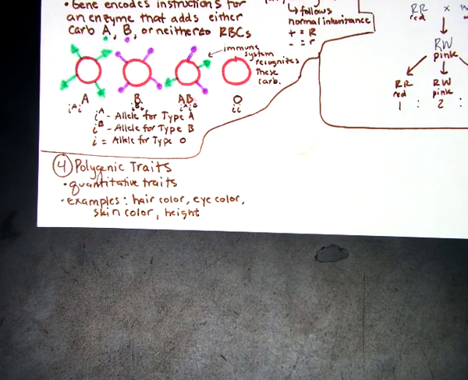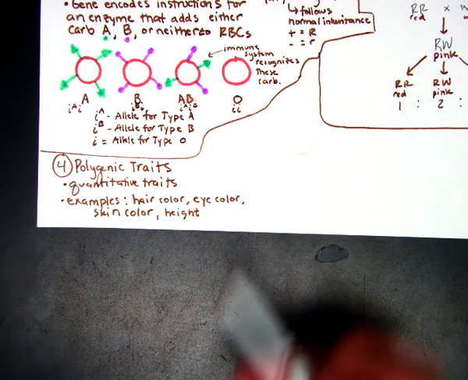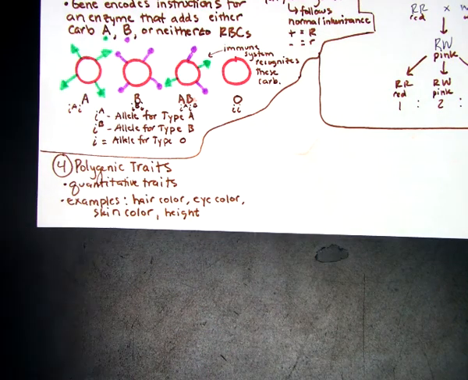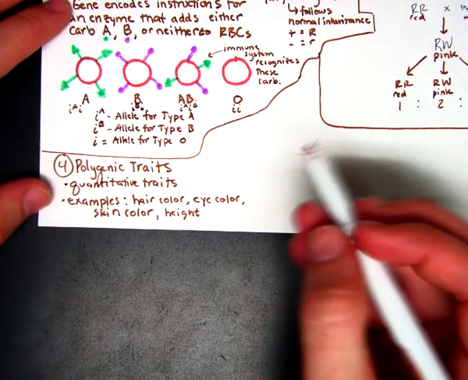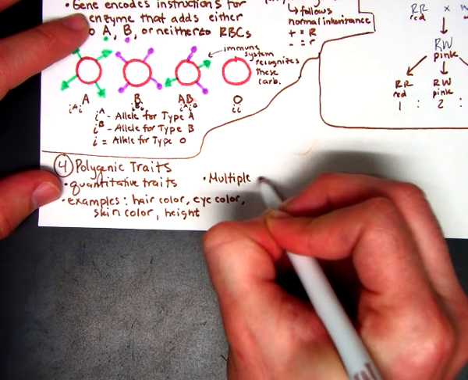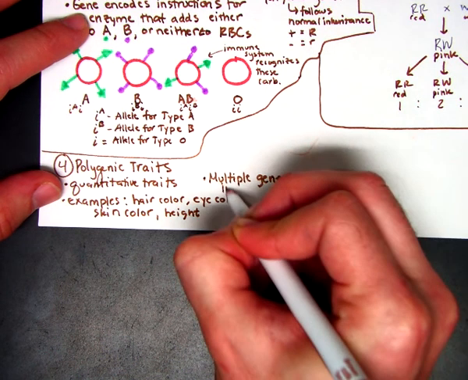Right? Because if you think about it, there's not just 2 types of hair color, for example. You have more of a continuum. Right? There's a quantitative nature to it, that you can have either lighter or darker and everywhere in between for color and for height as well. So the reason is because there are multiple genes involved.